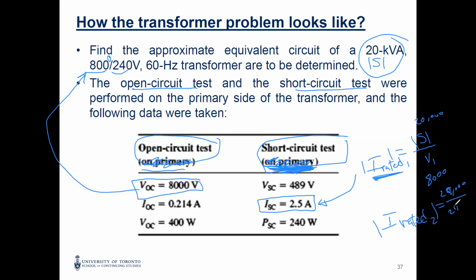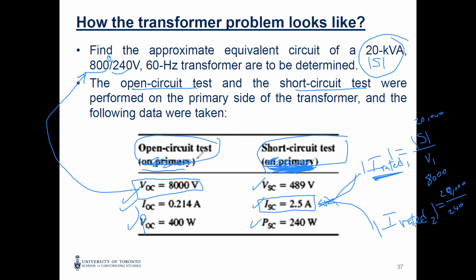And this one, we will use 240. You can check which one is used for the short circuit test. You have the three parameters here, V, I, and P, sorry for the typo. Then you can do the tests and get the parameters.